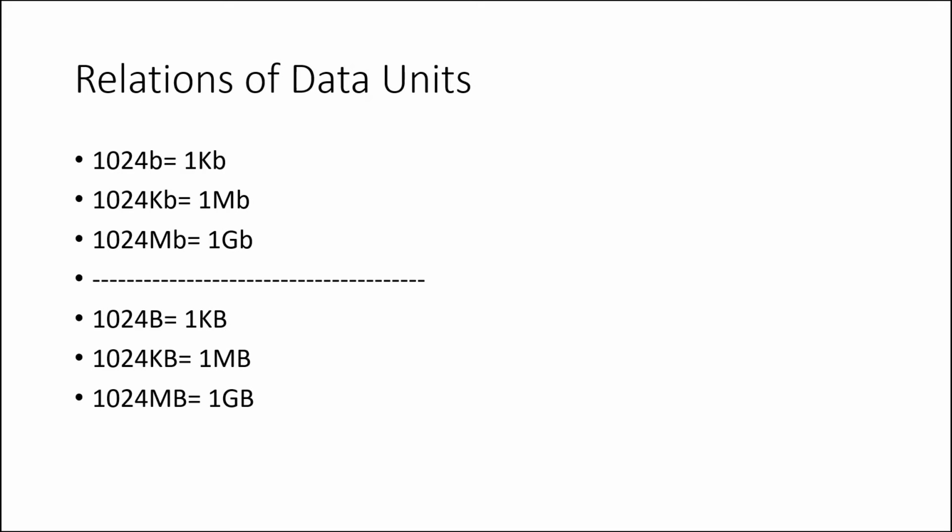Okay, so relation. You guys know every unit has a relation to each other unit. So I'm going to talk about that relationship. You know 8 bits equal 1 byte, but now I am going to talk about some bit relations.